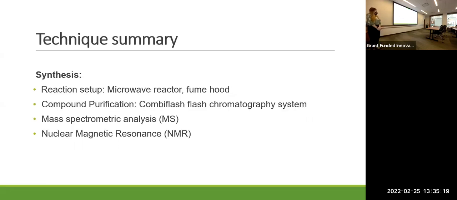The techniques I've learned while working in lab include many reaction setups with both the microwave reactor and in the fume hood. I've done compound purification with the ComboFlash chromatography system. Nick has done mass spec for our group, and we've also had NMR to confirm the compounds that we made.